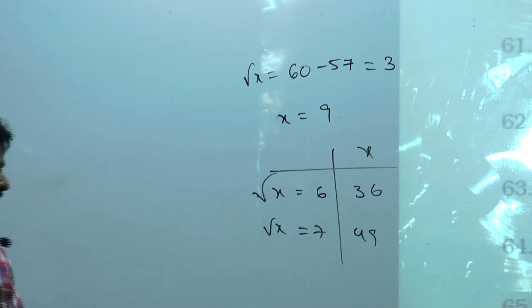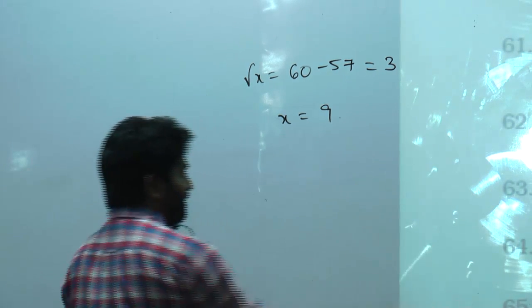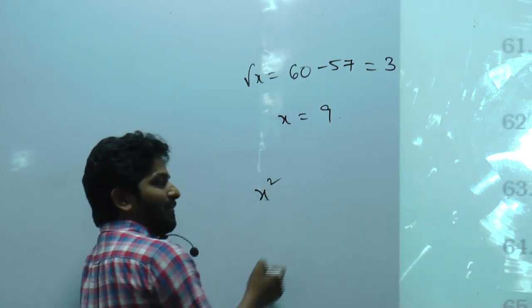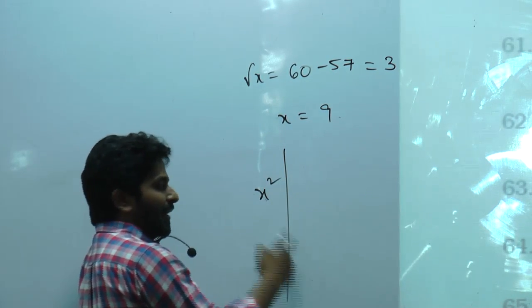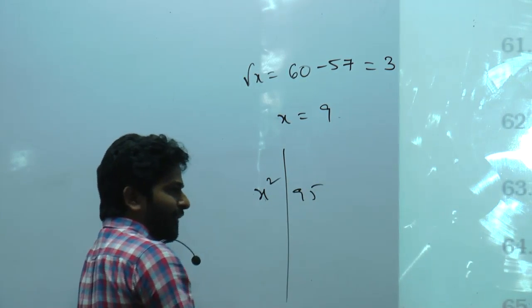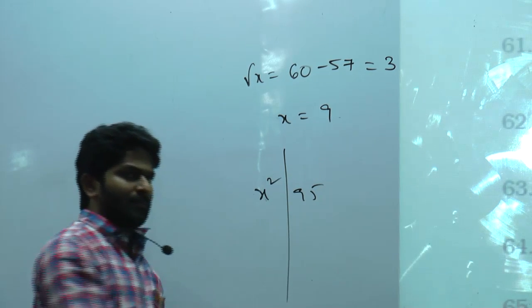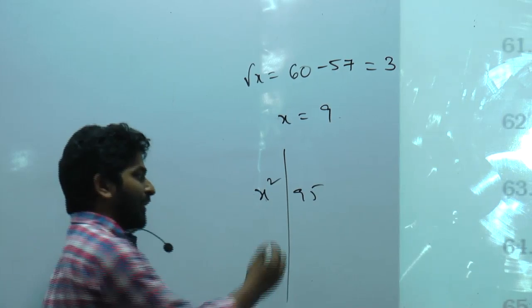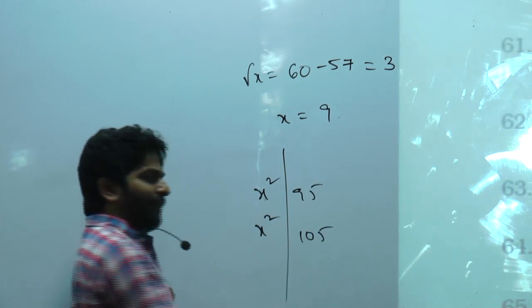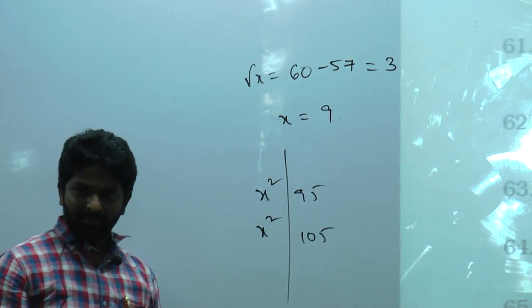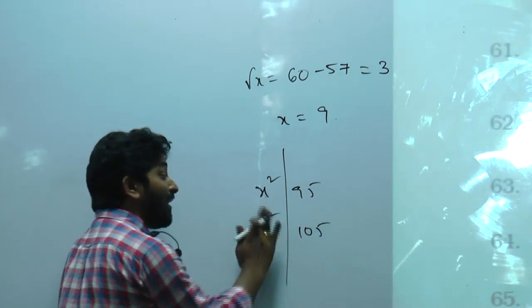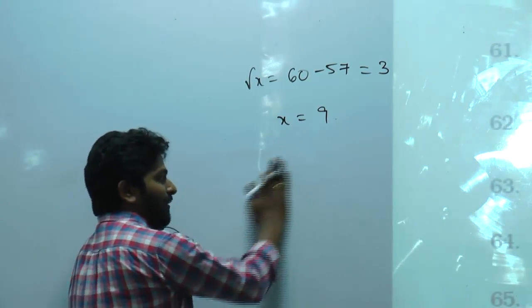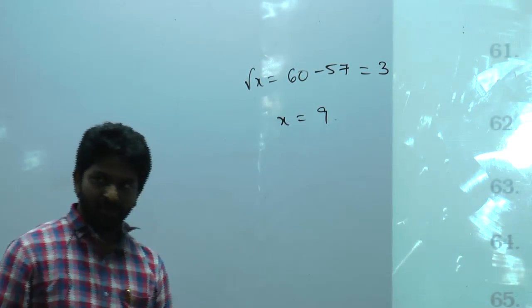Right? The same way, if you have x square, if x square is equal to near about 95, what is the value of x? 10. Yes or no? If x square is equal to near about 105, what is the x value? 10. So if you have x square or x cube values, you can go for perfect approximation.